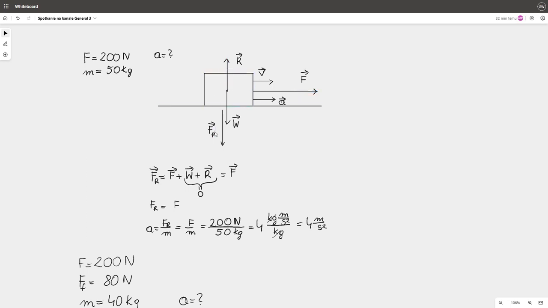We have the same forces as before here. These two, weight and normal force, balance each other, and we have external force F in the horizontal direction, and this is also resultant force.